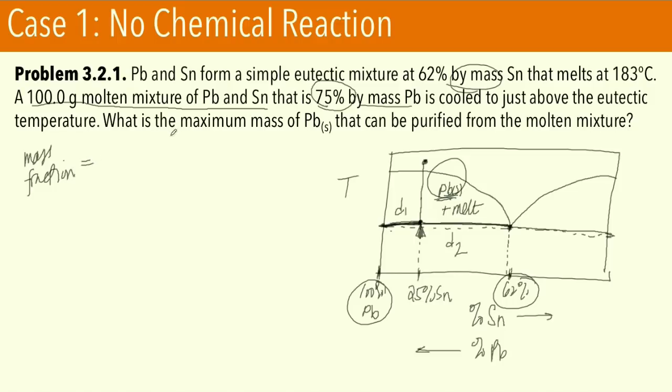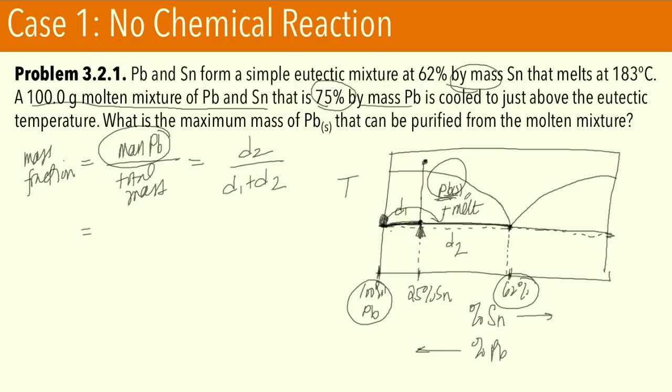The mass fraction is just going to be the mass of lead over the total mass. This could be expressed in a similar fashion as what we've been doing earlier. We're dealing with our mass of lead, so we need the opposite distance, so this is D2 over D1 plus D2.